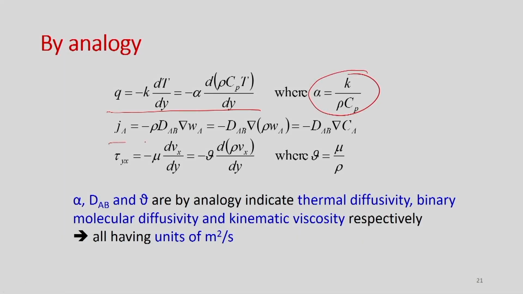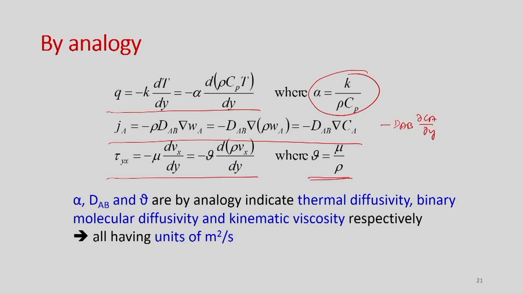And Ja we can write as minus dAb del Ca; for one single direction it is minus dAb dou Ca by dou y. Similarly, for momentum transfer, we have tau yx equal to minus mu dVx by dy, or minus nu dou rho Vx by dou y, where nu is nothing but mu by rho.